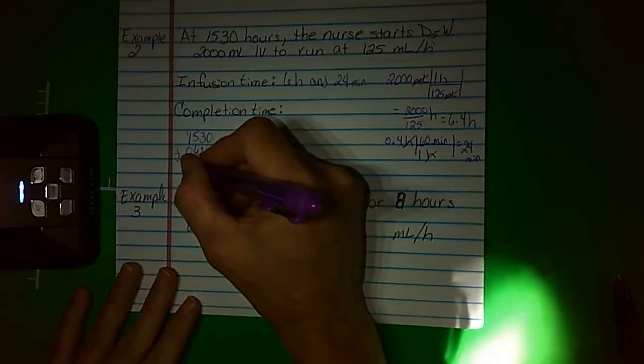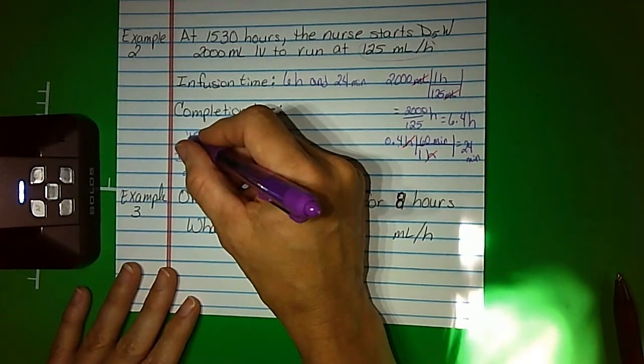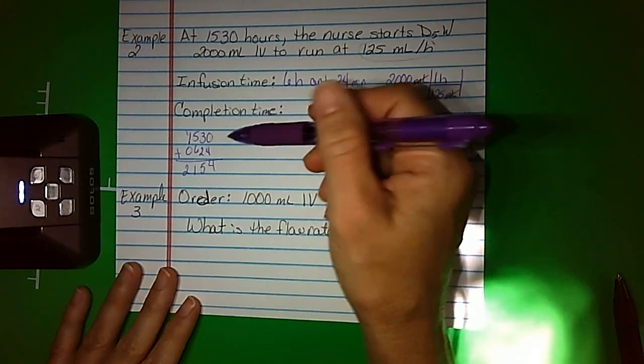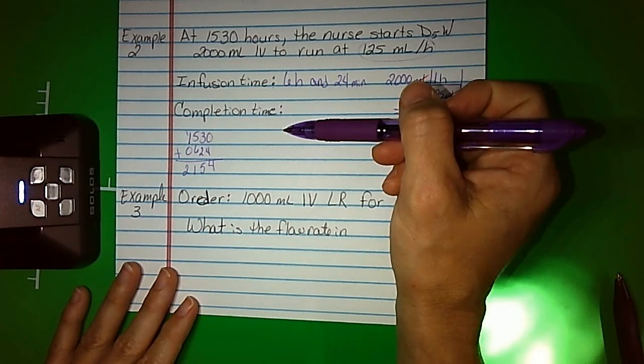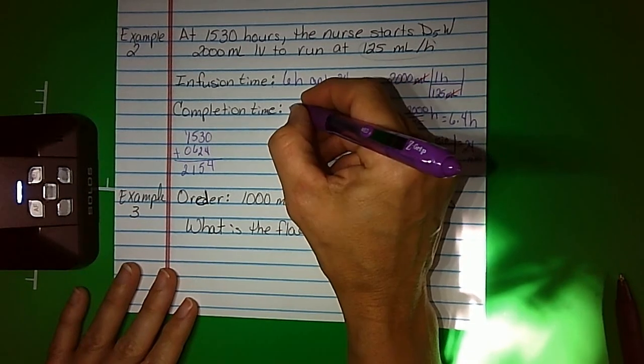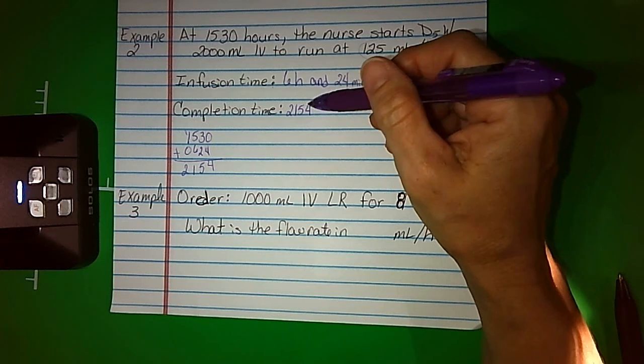Carry the 1. 1 plus 1 is 2. Okay, so 21:54 is actually within the 24-hour window, so there's no more work needed to be done with this. So the completion time will be 21:54.